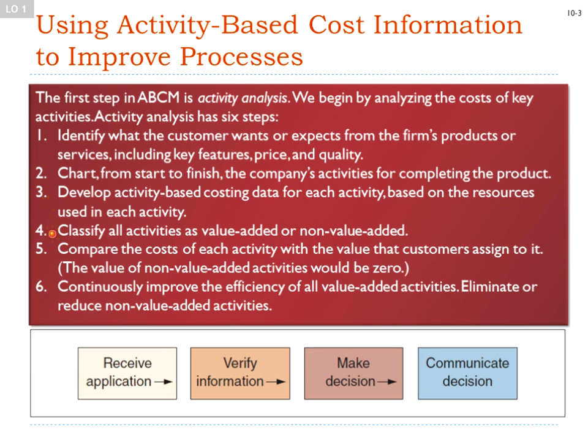Then you look at each activity and determine whether it is value added or non-value added. You compare the cost of each activity with the value that the customer assigns to it, and then you improve the efficiency of all the value added activities, and you eliminate or reduce the non-value added activities. So what does that all mean? Well, it's usually easier to explain in an example.